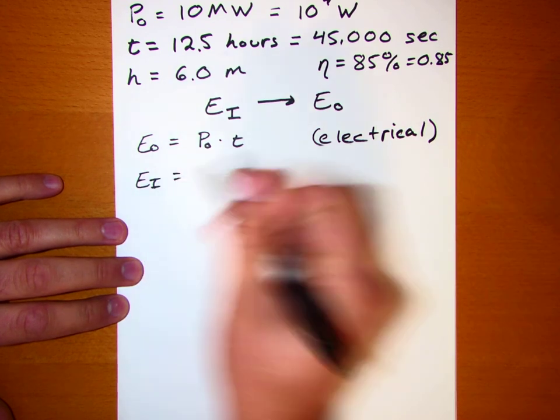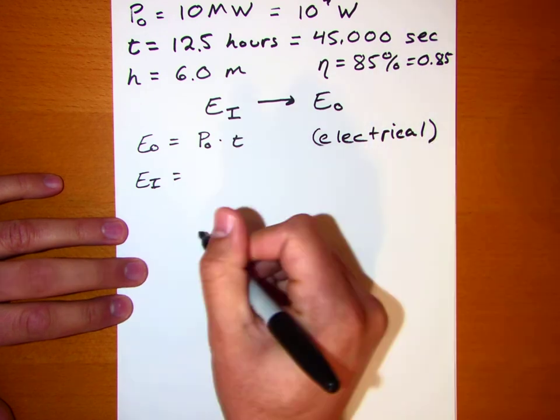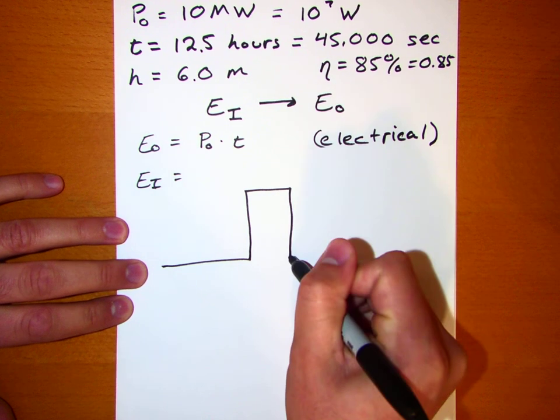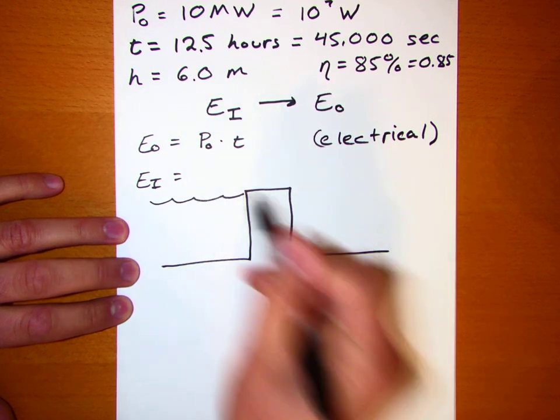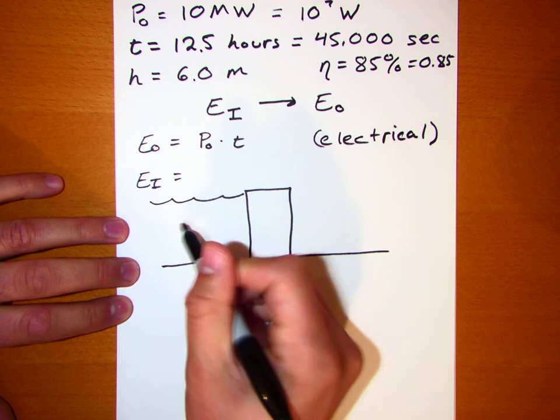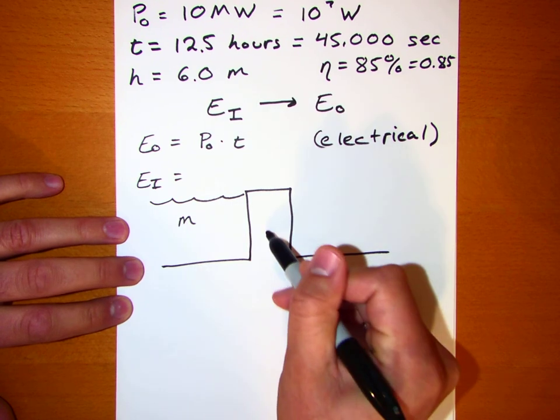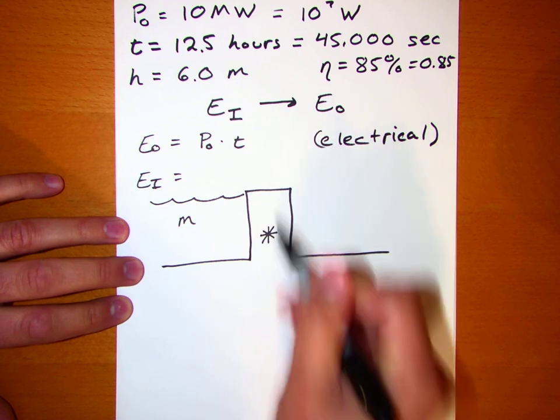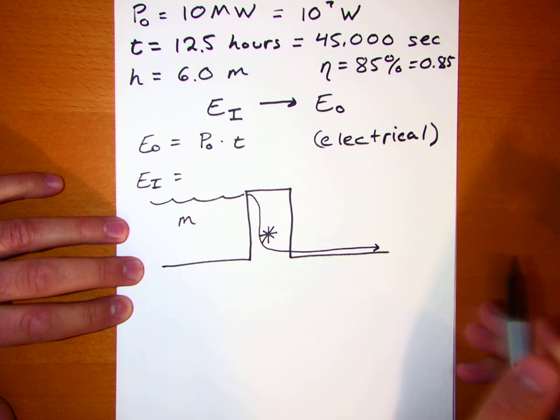The input energy to this power plant is going to be, if we look at how this dam works, here's the dam, here's water built up on one side, and this water is going to have a mass of m. The way the dam works is it literally spills water through this turbine and out the other side.